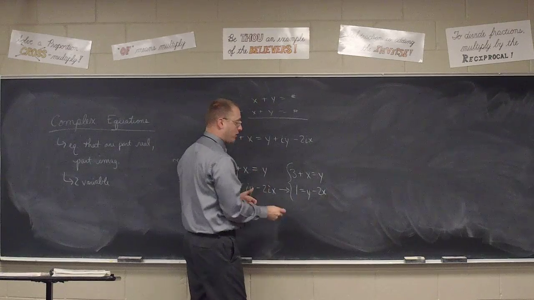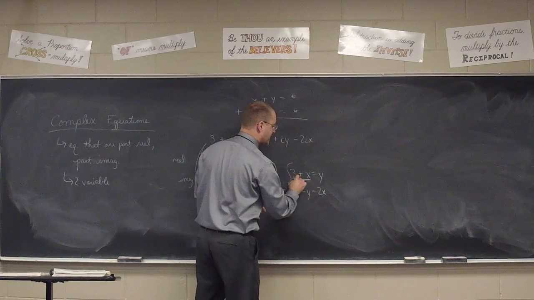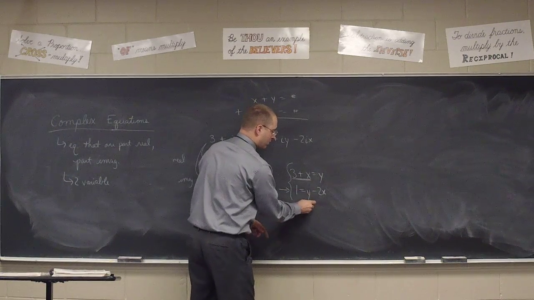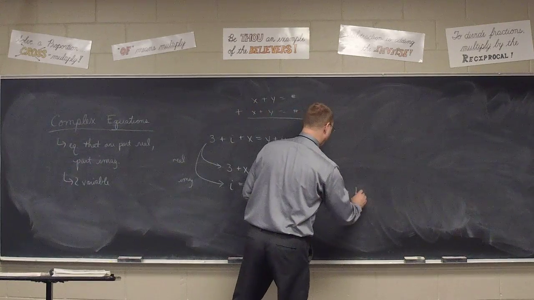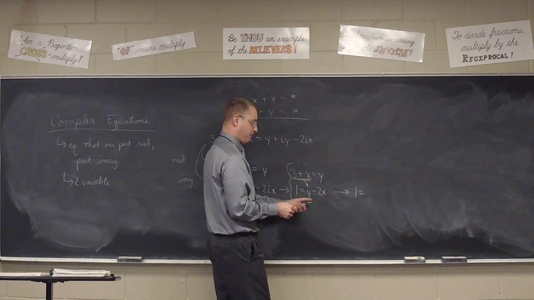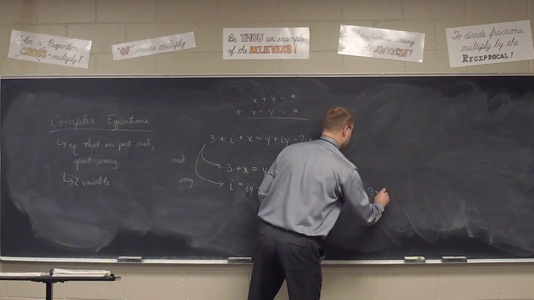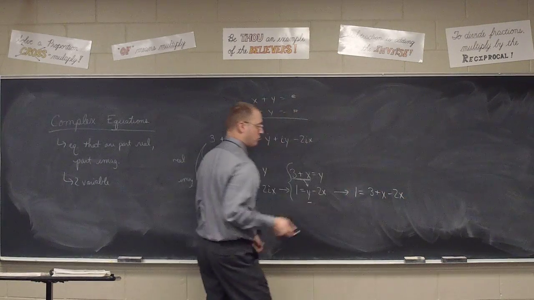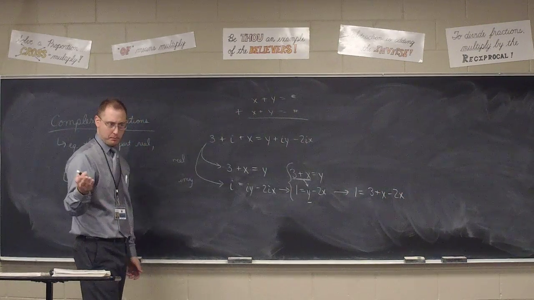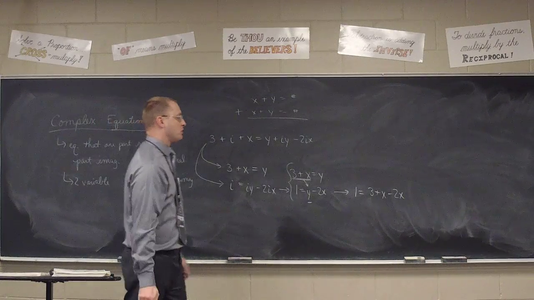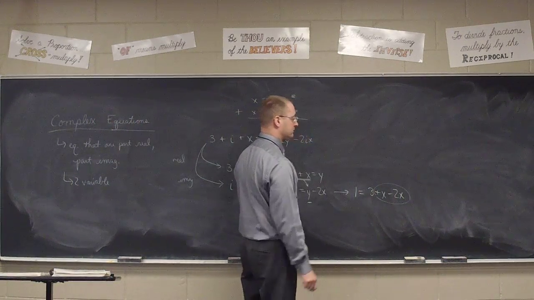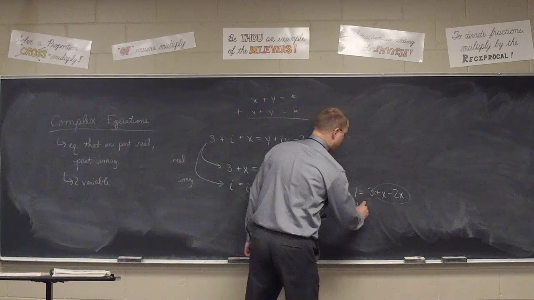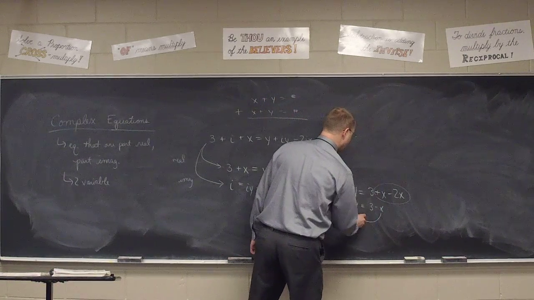It just so happened to fall that way, and we could replace that letter with what it was equal to. So my bottom equation could become 1 equals not y, but what is equal to y, 3 plus x, negative 2x. You remember the substitution approach. All right, so if we were to solve using the substitution approach, I'd start by combining my like terms. Negative x, we have 1 equals 3 minus x, and then maybe pull a double switch here.